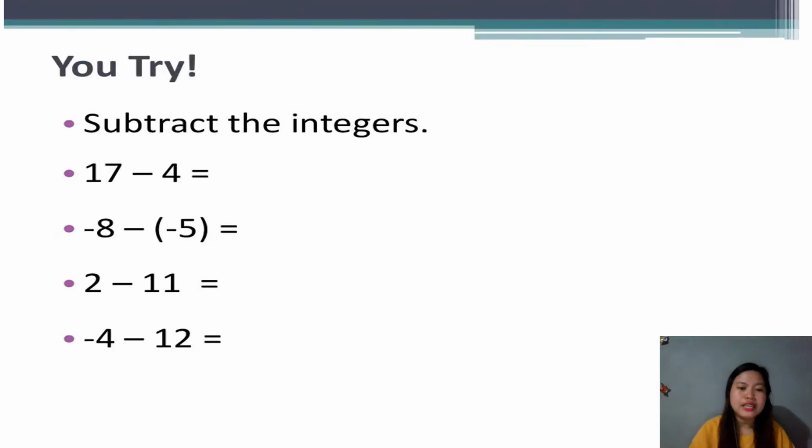Okay, subtract the integers. 17 minus 4. How much is that? That is 13. But let's apply the rule to 17 minus 4. We keep 17, and then change the minus to plus. The 4 is positive, so it becomes negative 4.